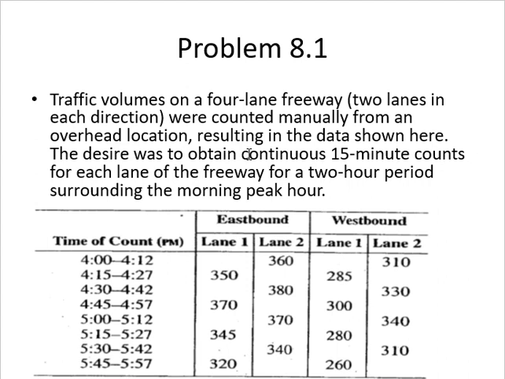How much is his counting period? 12 minutes. How much is his break period? 3 minutes. And he is doing alternate lanes. So 12 minutes in one lane, 3-minute break, then 12 minutes in the other.